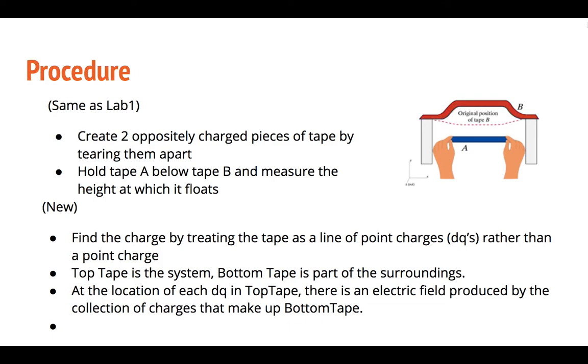A key thing to note is that the top tape is the system we are observing, and the bottom tape is part of the surroundings that's acting on this top tape. At the location of each of the point charges in the top tape, there's an electric field that is produced by the bottom tape.